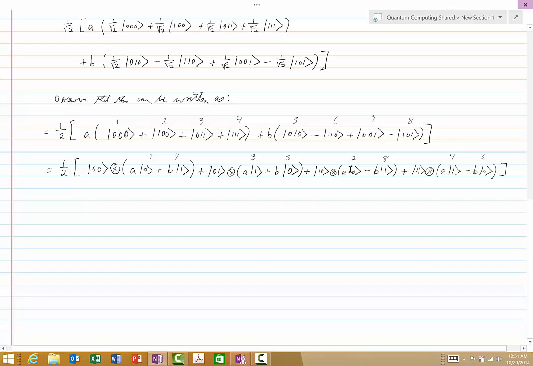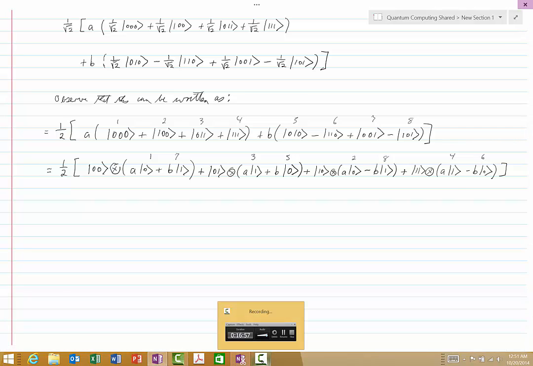If she measures 0,1, Bob will get this. If she measures 1,0, Bob will get this. And if she measures 1,1, Bob will get this. So how do we finish up this problem? How does Bob reconstruct the unknown state phi that Alice started with?